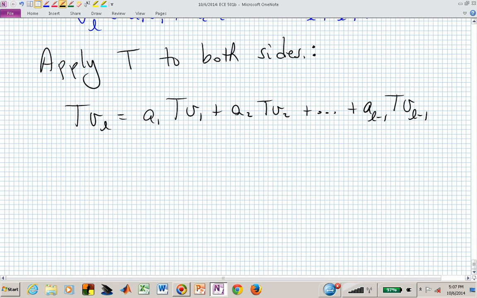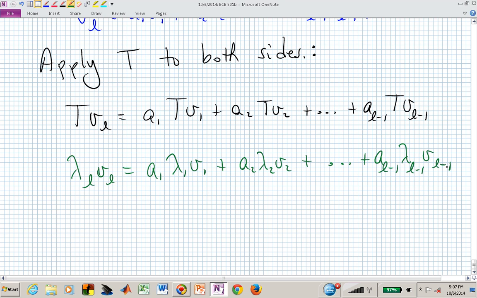And what's the left-hand side? T v sub L, if v sub L is an eigenvector, this is now lambda sub L v sub L. By definition of v sub L, it had eigenvalue lambda sub L. And likewise for what's on the right-hand side, we have a1 times lambda 1 v1 plus a sub 2 lambda sub 2 v2. These are all eigenvalue-eigenvector pairs, plus a sub L minus 1 lambda sub L minus 1 v sub L minus 1.